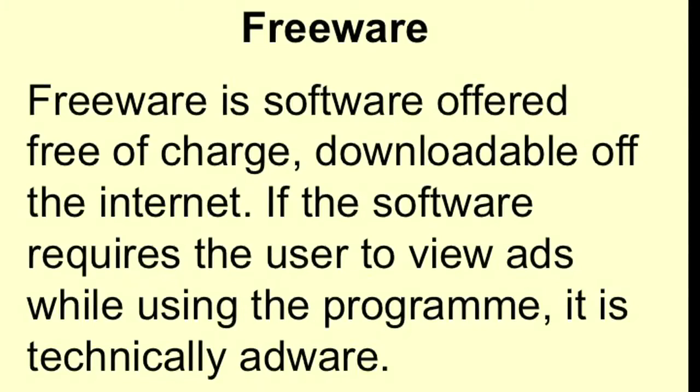Freeware. What is a freeware? Freeware are software that are offered free of charge to anybody to use. Before you can use a software, normally you should buy it. You should get a license key, that is, you are permitted to use it.